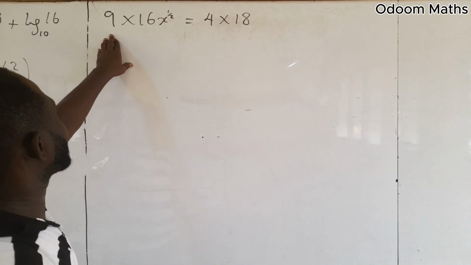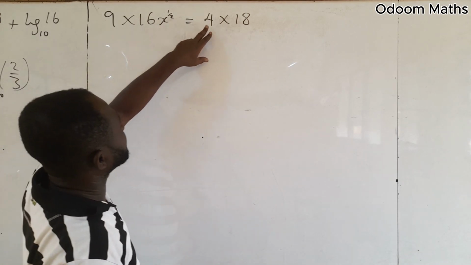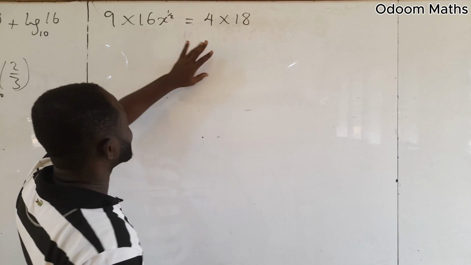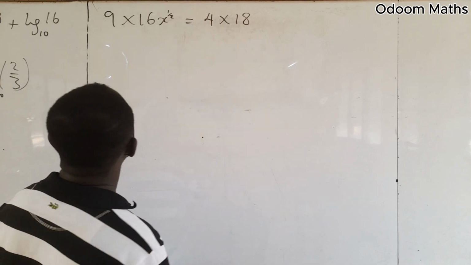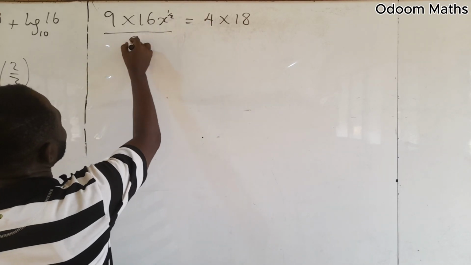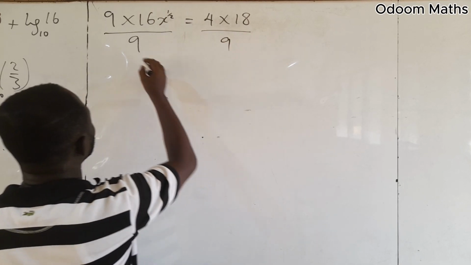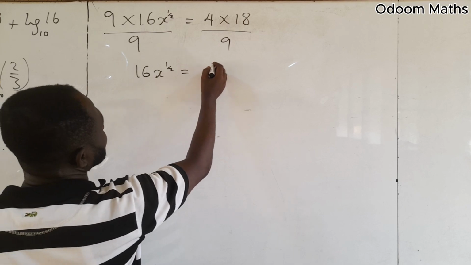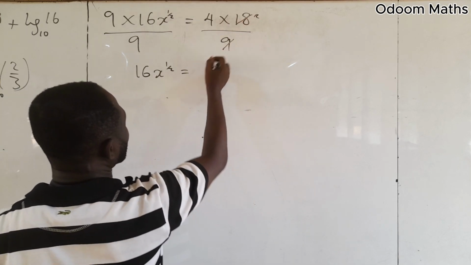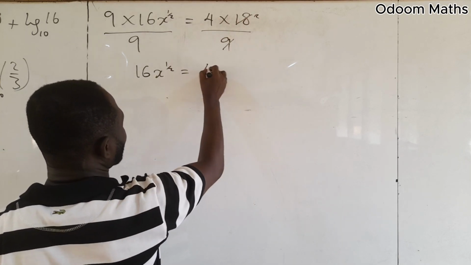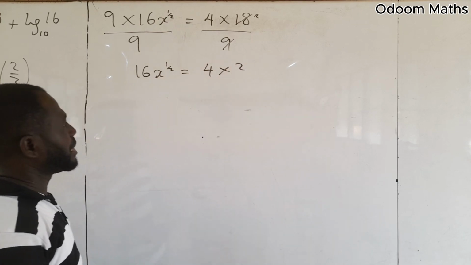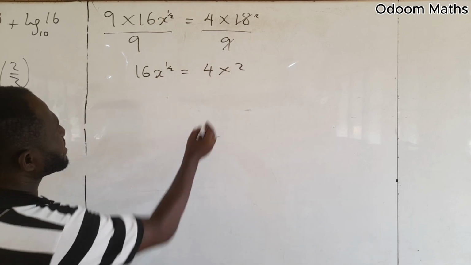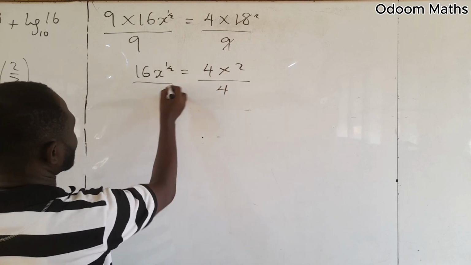So I have 9 times 16 x to the power half equals 4 times 18. I will not multiply, but I'm just going to do some tricks here. So this, I divide both sides by 9. So I have 16 x to the power half equals, this into this one is 2. So that 2 times, so I have 4 times 2. Okay. Then again, let me divide both sides by 4.